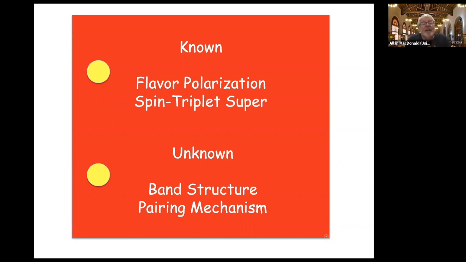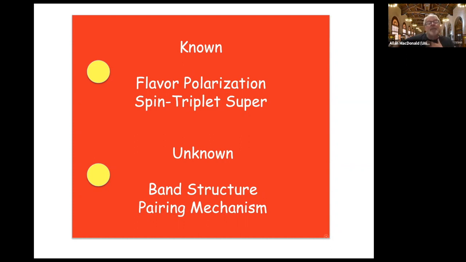There's an additional ingredient that is much stronger in the Moire superlattice materials, and that is that the populations of these different spin valley flavors are unequal in many cases.